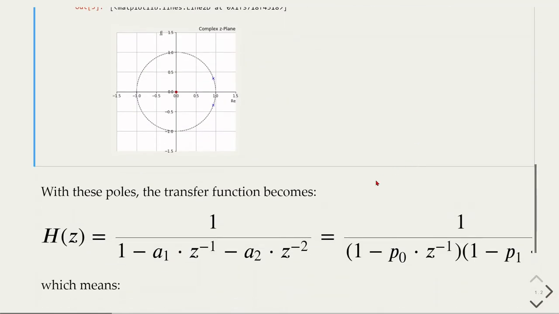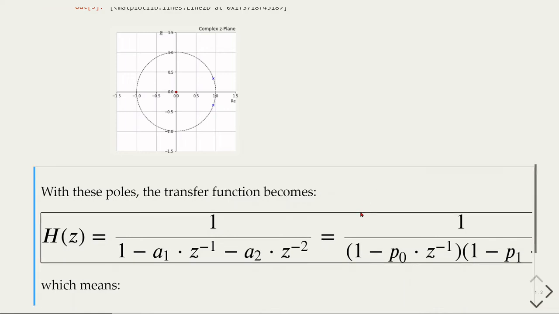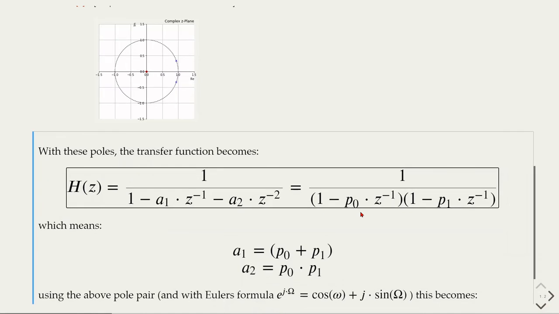So with these poles, the transfer function now will become this equation given here. We have our poles P0 and P1, and when we compare with the formula of our transfer function in the z-domain, we can see that A1 is equal to adding the poles, and A2 is the multiplication of the poles.